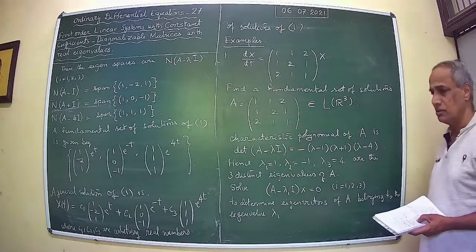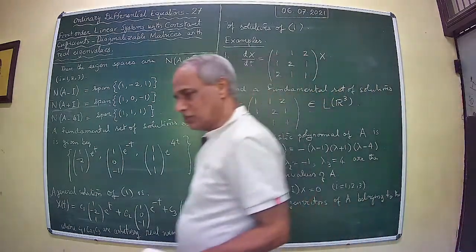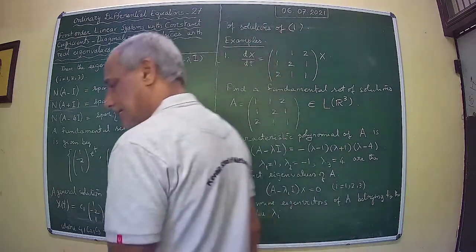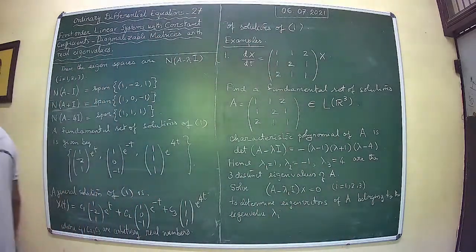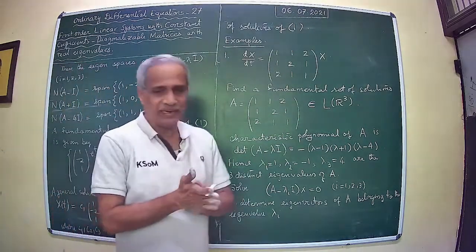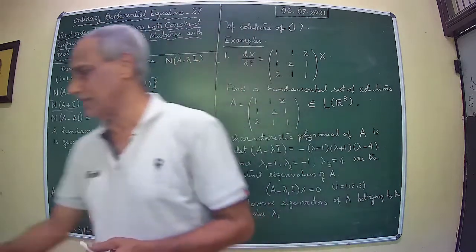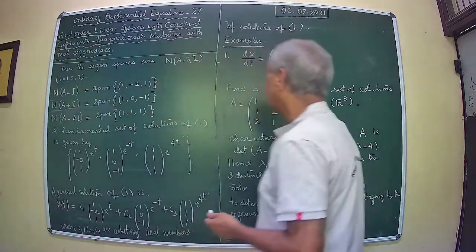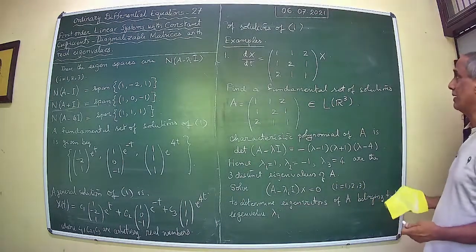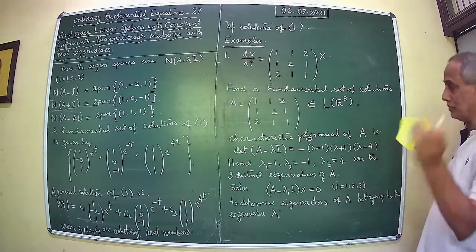So the problem is very simple. Once you get the eigenvalues and eigenvectors, and if you know that the eigenvectors span the whole space, then you have a fundamental set of solutions. That's what we have assumed, that we are now taking up the case where you can find a set of n eigenvectors which span the whole space.